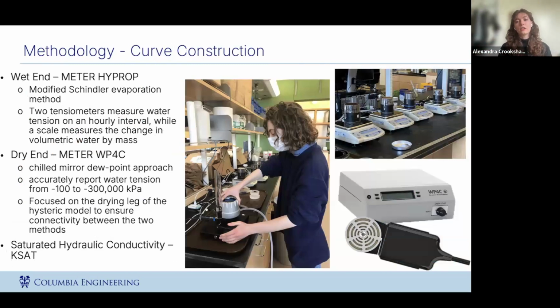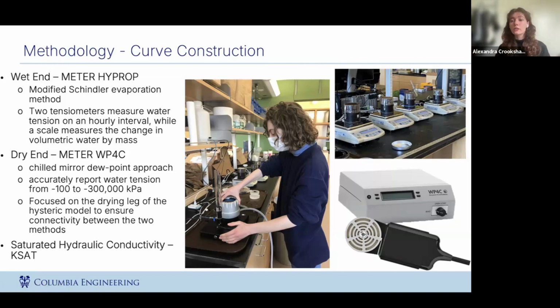Here, I illustrated and went a little bit in depth on how exactly these curves were made. First, we utilized the METER HYPROP system for the wet end of the curve. That one is pictured in the top right there. It uses the modified Schindler evaporation method. And what is nice about the HYPROP is these cores, I don't believe you can see in the picture here, but the silver bands are the cores removed straight from the ground.